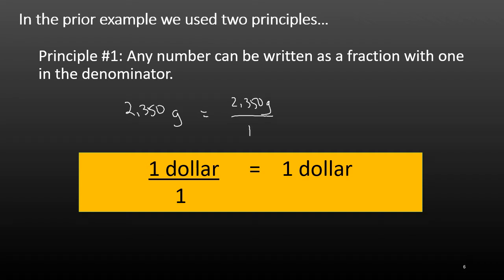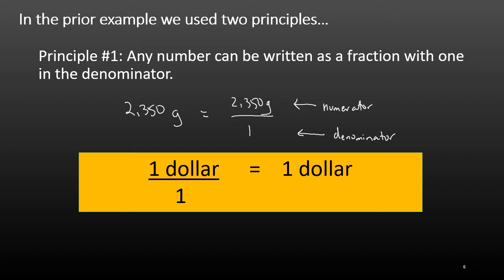And the only value of doing that is it makes clear that the 2,350 is in the numerator. And then when I write it over 1, it's clear that there is a denominator as well. Okay? So for canceling units, it's important to know that there's a numerator and a denominator.